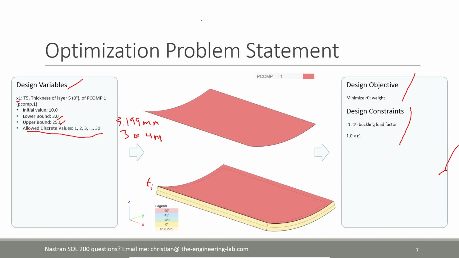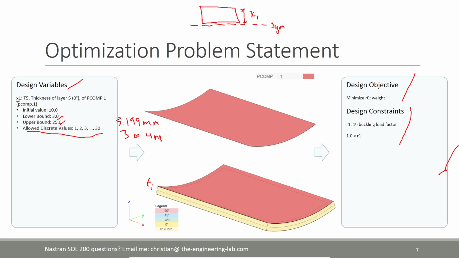Now, since the PCOMP entry, here I'll draw out the PCOMP entry. Since we're using the symmetry option in the PCOMP, and I'll say SYM, X1, the thickness, is only going to represent half the total core thickness.